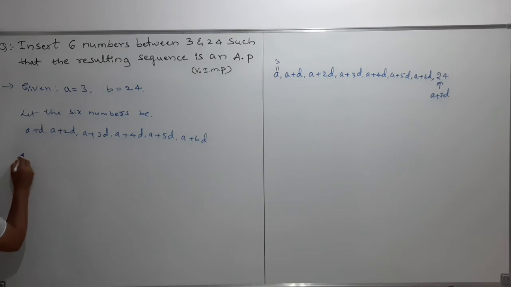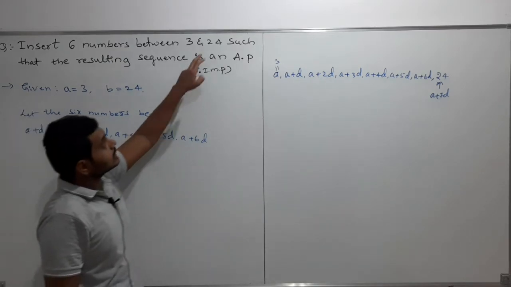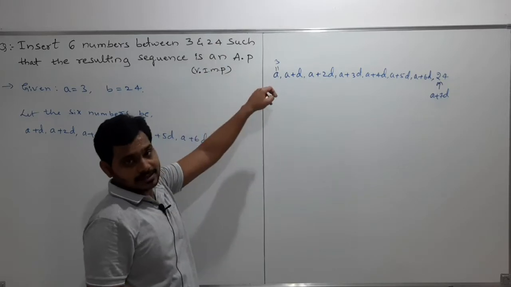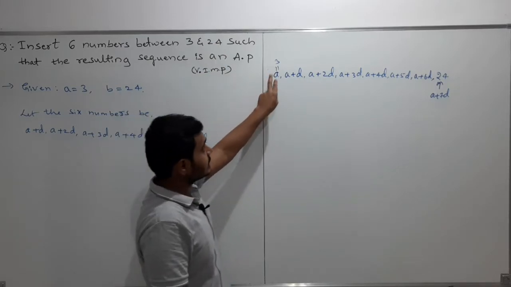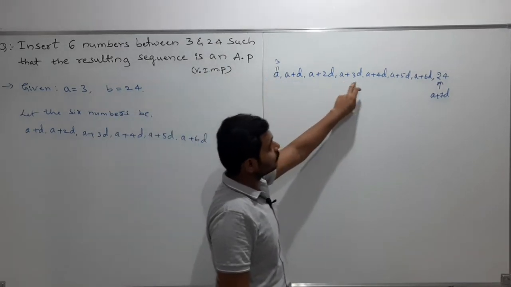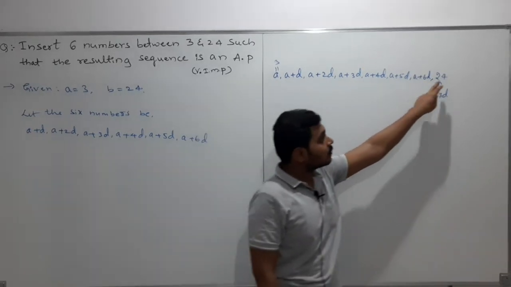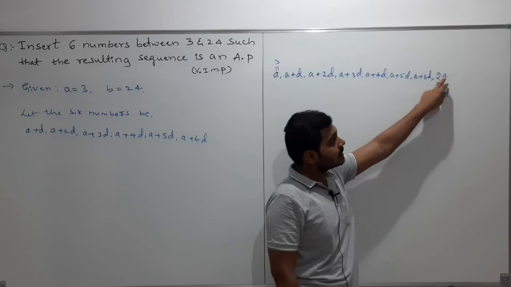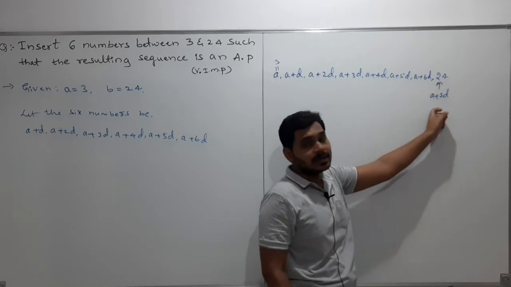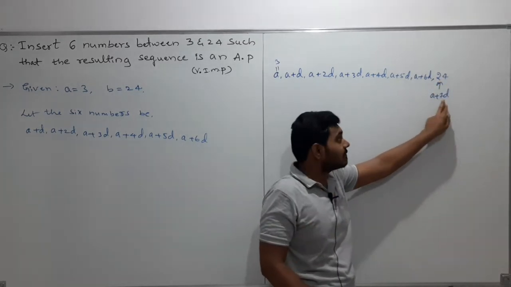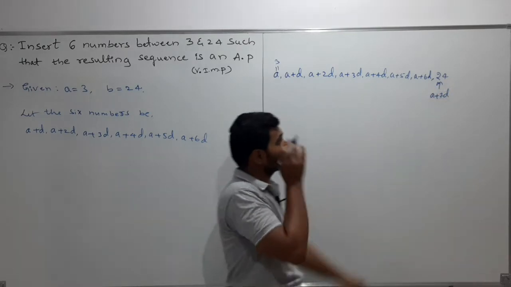Clear? Now my dear students, the 24th term is nothing but the 7th term. Sorry, not the 7th term: this is first, second, third, fourth, fifth, sixth, seventh, eighth. It means the 24 value is in this place, and the number in the AP is A plus 7D. So A plus 7D is equal to 24.